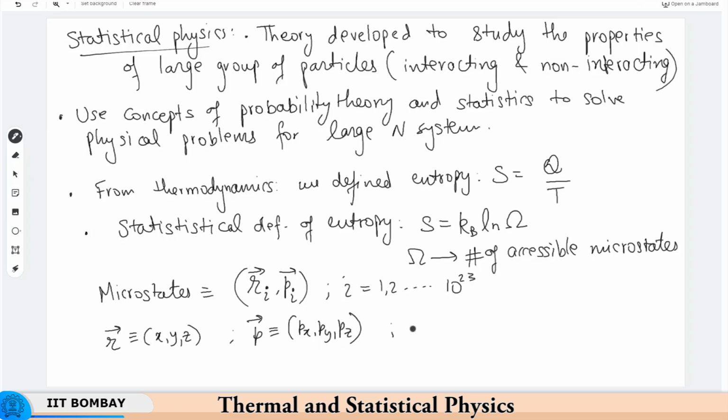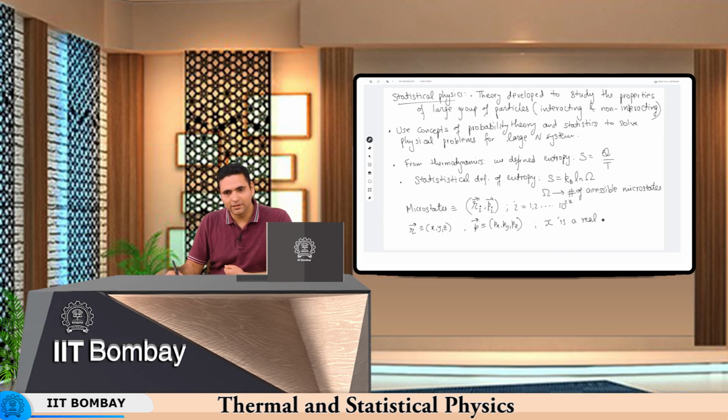And this x is a real number, so when we say x lies in a range of 0 to some x prime, on a one-dimensional axis, so this is 0, this is x prime, there are infinite real numbers, right, and the same is true with y, with z, and so on with px, py and pz.